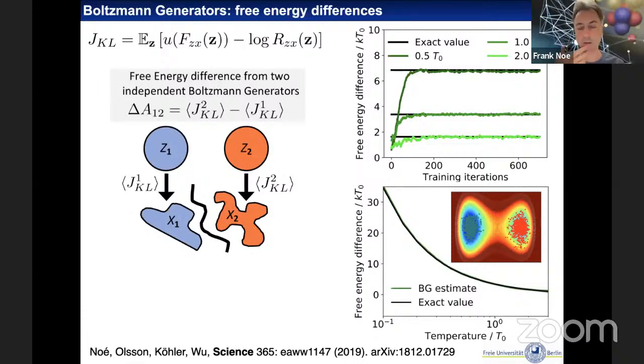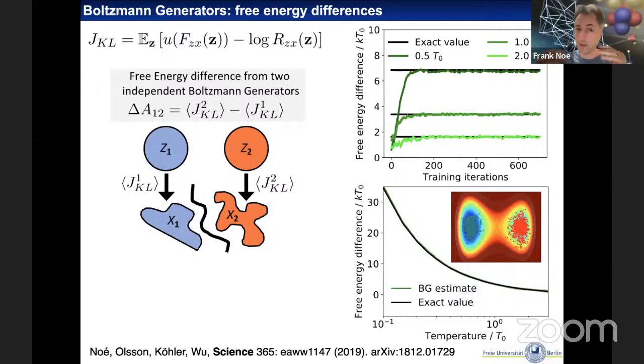And so what you can do is train two Boltzmann generators on these two distinct sets of simulations. Each Boltzmann generator will give you, directly via the loss function, an estimate for the free energy between your reference state, which is this prior density that you're sampling, so let's say just a Gaussian distribution, and the probability density of the state that you are sampling. Then you can do a thermodynamic cycle and take the difference between those two, because you're referring to the same reference state, and get a free energy difference estimate.